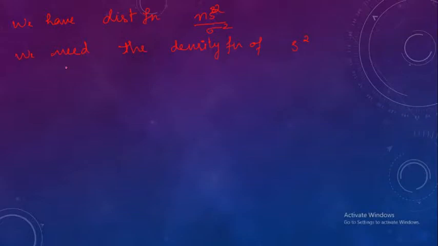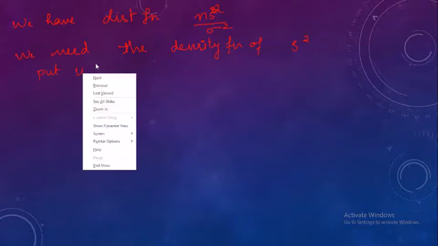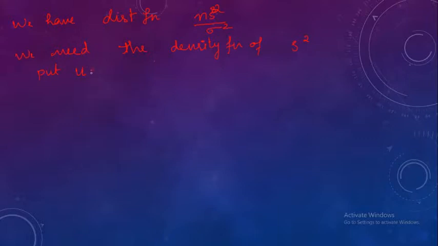So for that, we are going to put u, a new random variable, equal to n s square divided by sigma square. You can't simply put u equal to n s square by sigma square; you have to differentiate u with respect to s square, which gives n divided by sigma square.